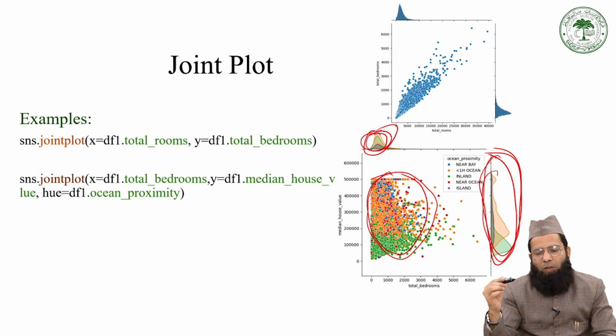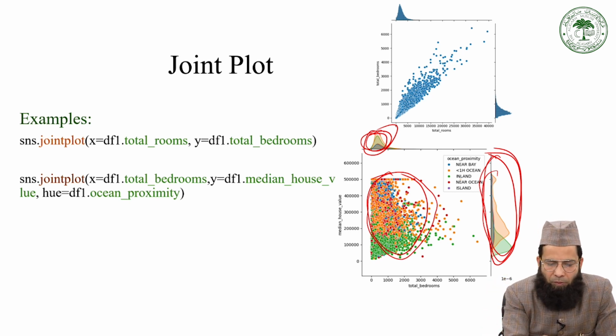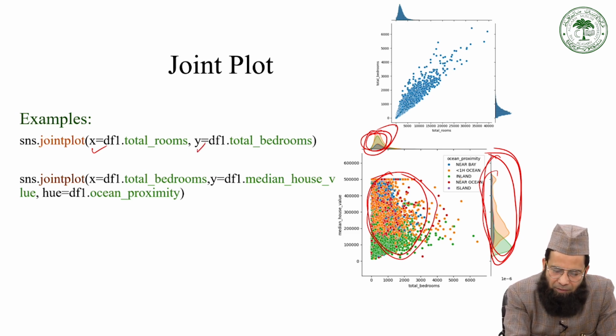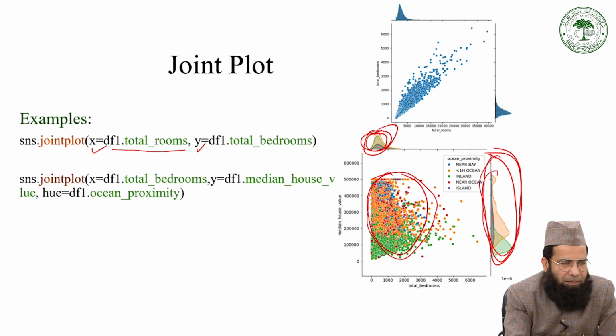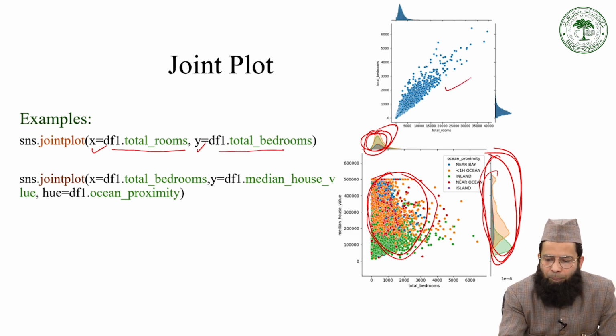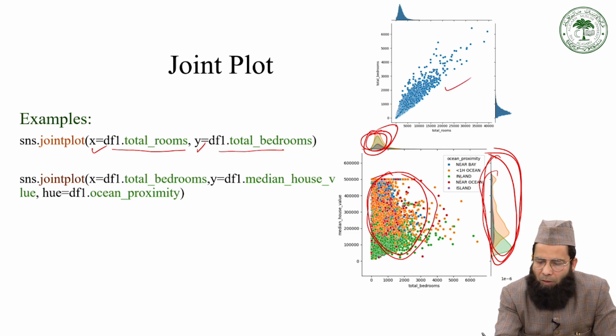And how to draw a joint plot? So we can use the x and y value parameters. X is, like in this case, some feature, and I'm considering the California housing prediction data set, and y is total bedrooms. And you can also see how it is varying.